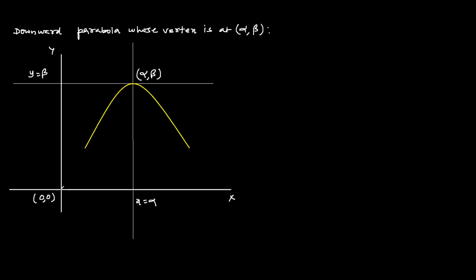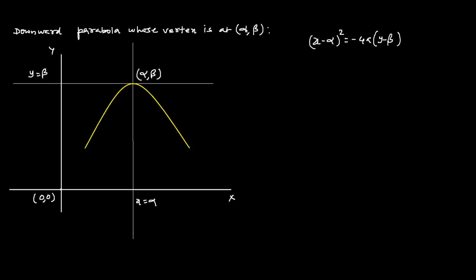If it is a downward parabola with vertex 0, 0, then its equation is x square equal to minus 4ay, but now the vertex is shifted to alpha comma beta, so x is shifted by alpha, and y is also shifted by beta. So this is the equation for the downward parabola whose vertex is at alpha comma beta.